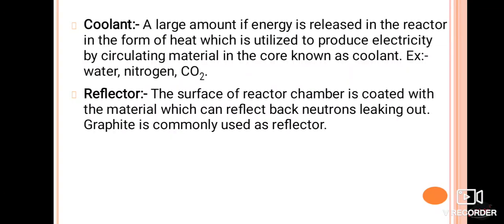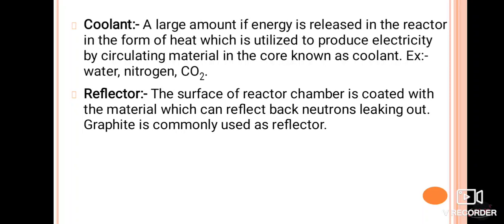Coming to the next part, that is the reflector. A reflector is the surface of a reactor chamber which is coated with a material that can reflect back the neutrons leaking out. Graphite is commonly used as a reflector.